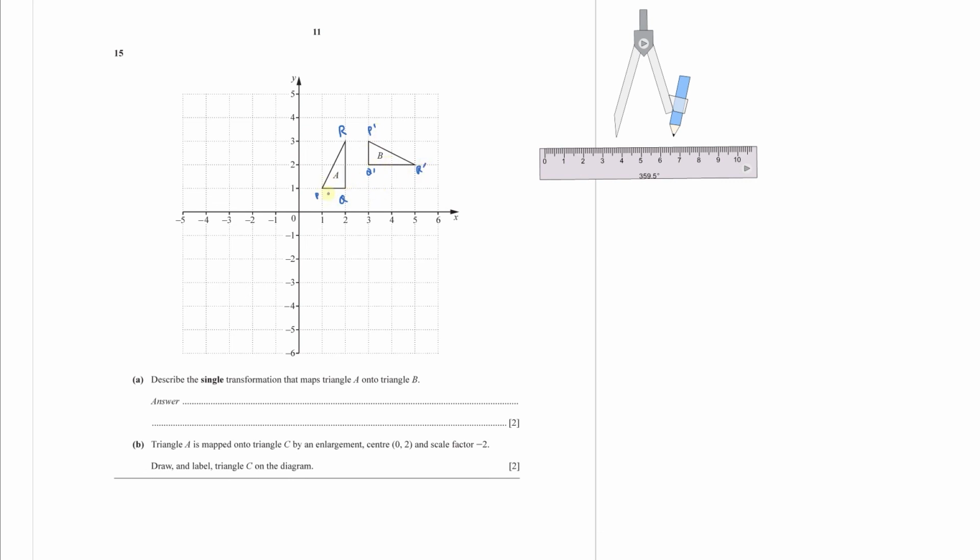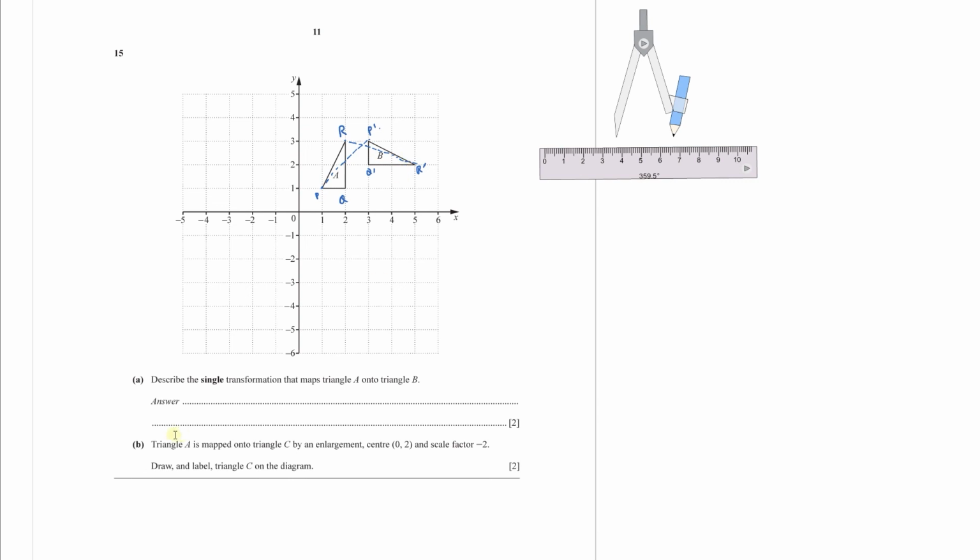P is mapped onto P prime, Q is mapped onto Q prime, and R is mapped onto R prime. So let's join these two points. If this is P, let's connect it to its corresponding map point, which is P prime, and then let's map R to R prime. So you only need 2 pairs. So we already have 2 pairs, P and P prime, and R and R prime.